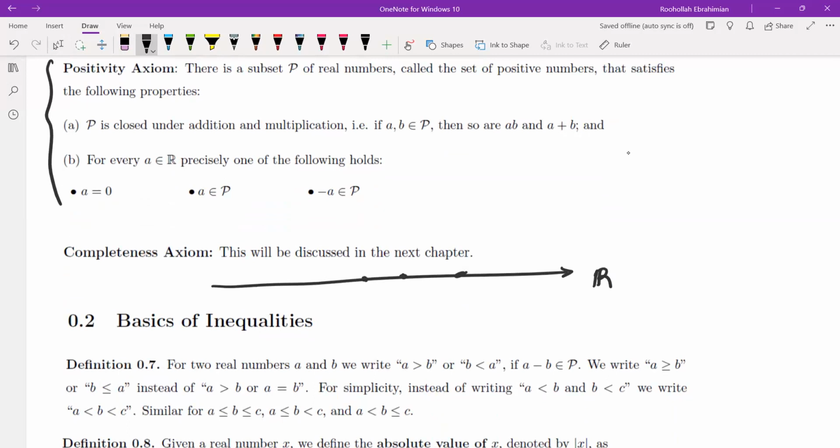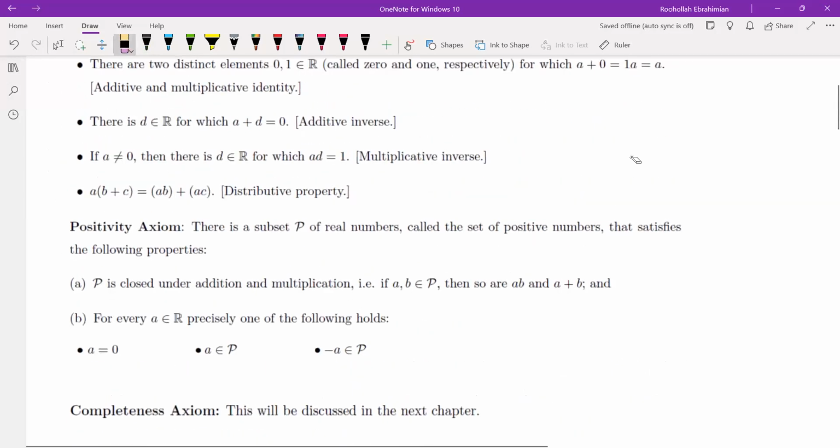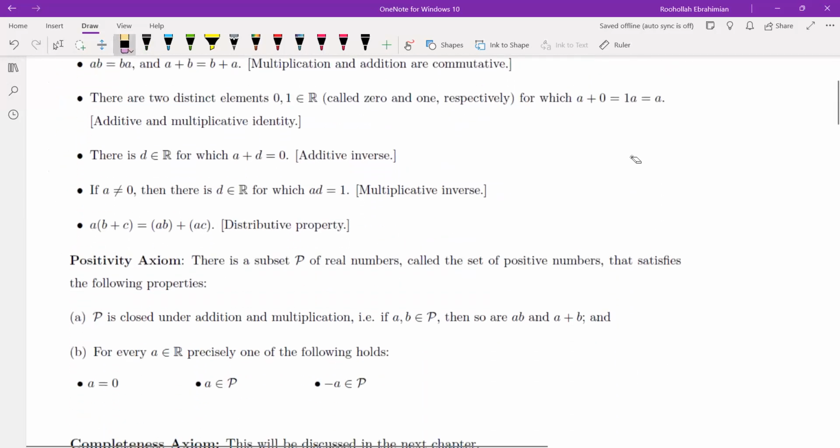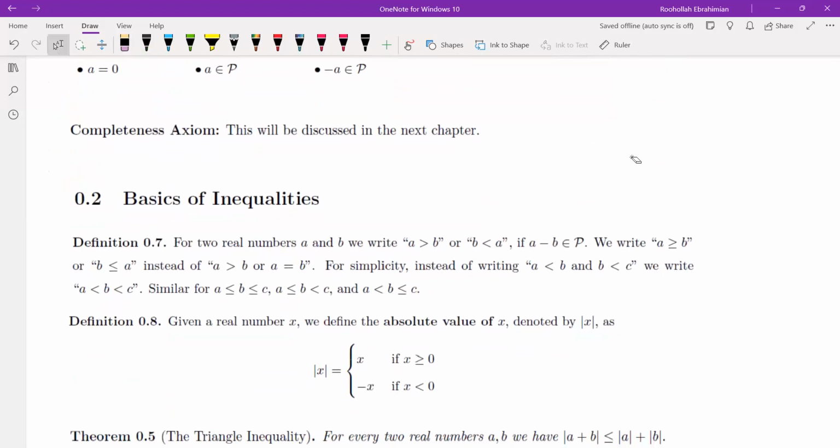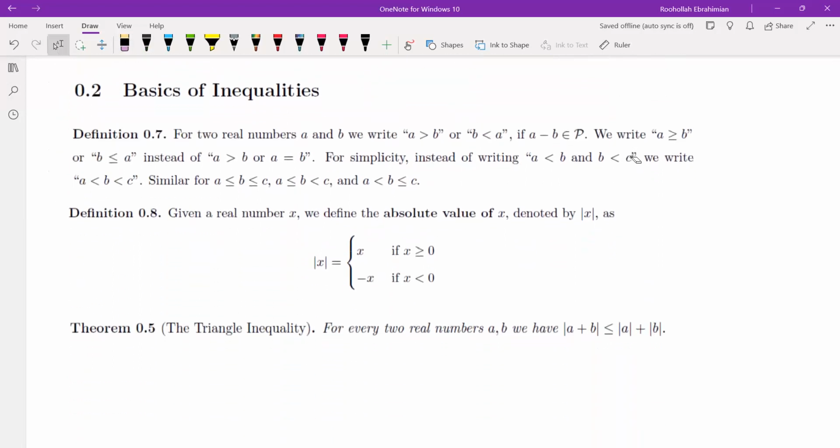That's called the completeness axiom. This is something we will discuss in our next video. These properties are very important to know, and you are certainly familiar with them, except for the completeness axiom, which we will discuss next time.